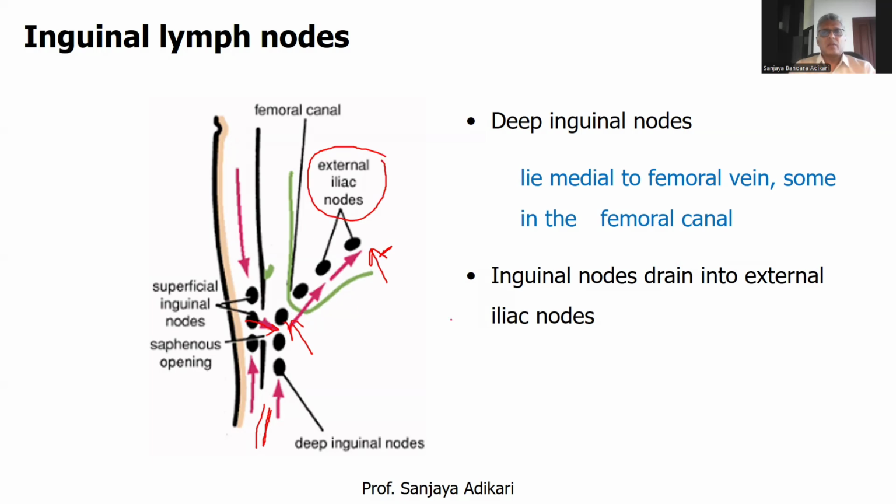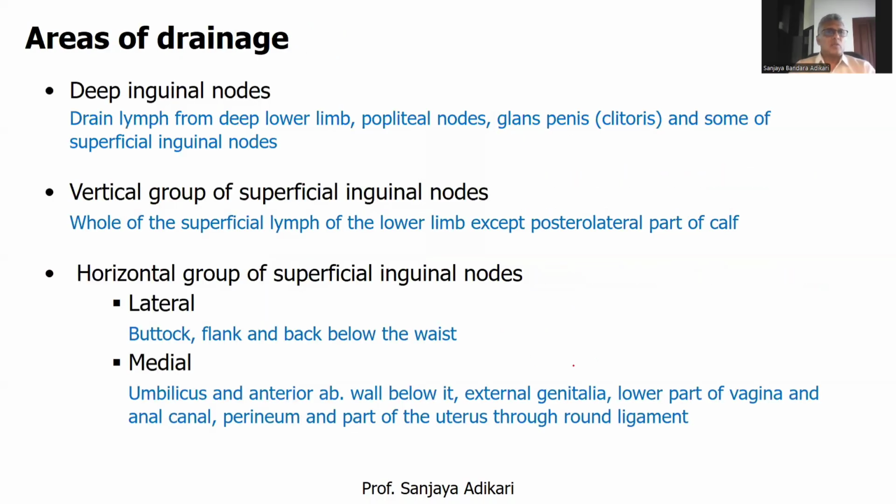Now the nodes inside the deep inguinal nodes, inside the femoral canal, are called nodes of Cloquet. A separate name is given. The areas of drainage, you can go through this quietly. You can understand what is written here.